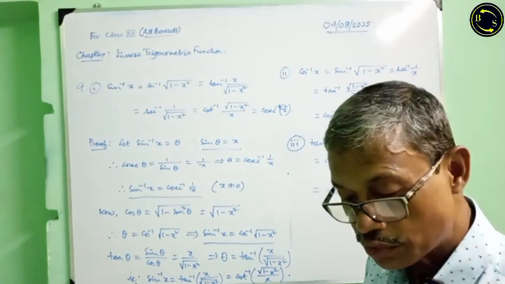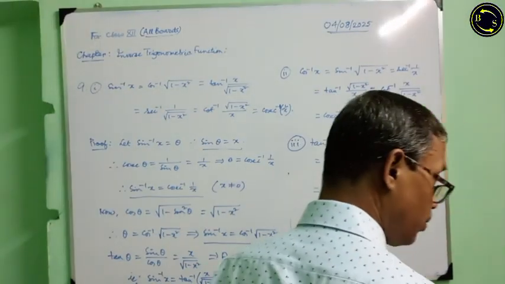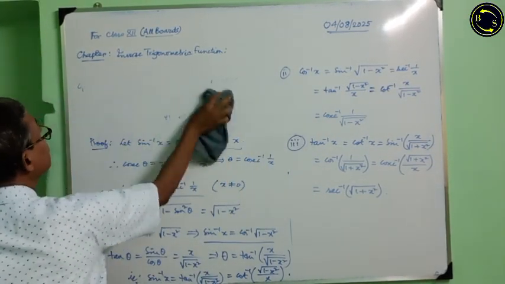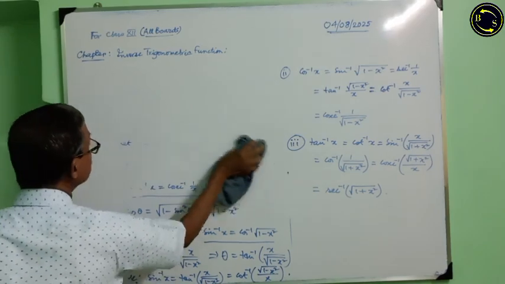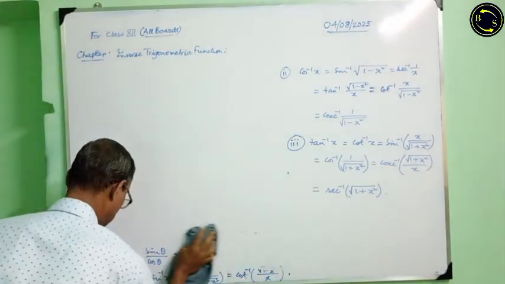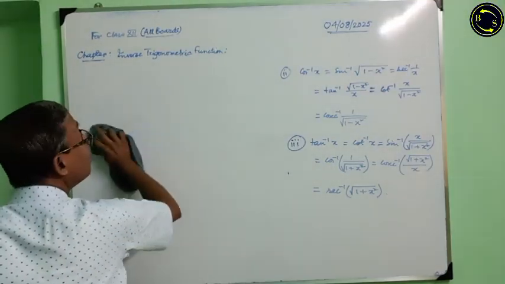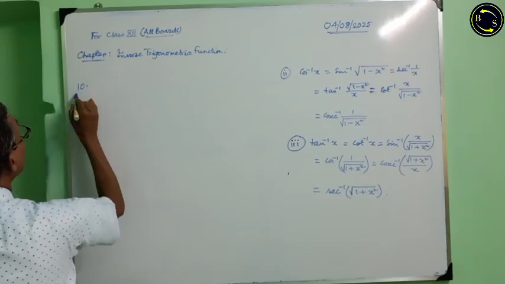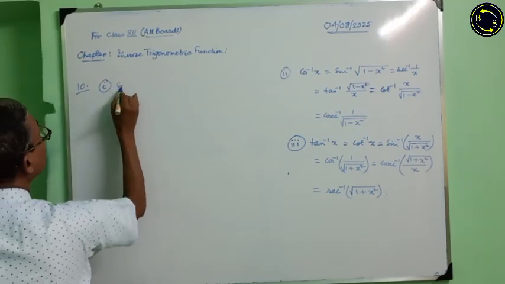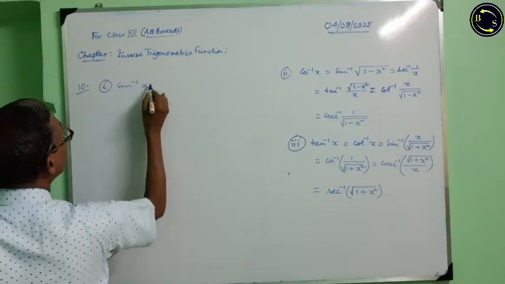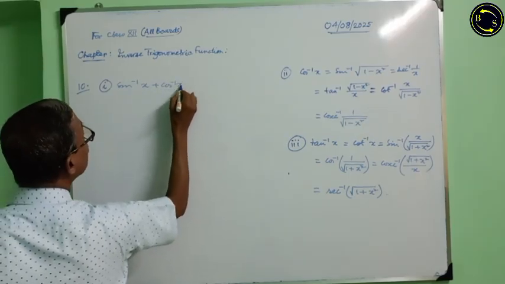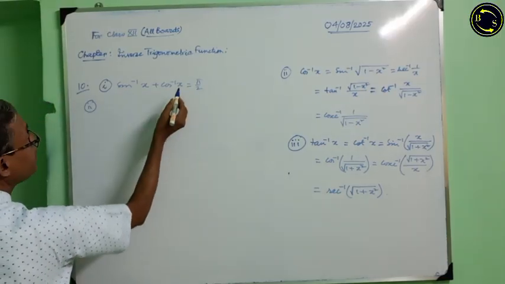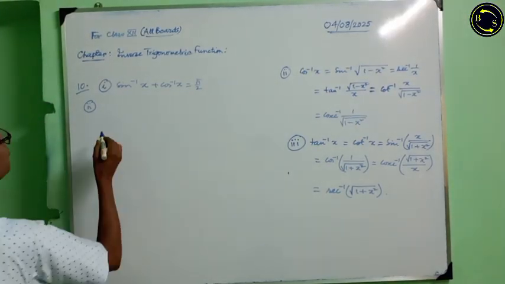Next I shall move to the next set, number 10 set. Sin inverse x plus cos inverse x equal to pi by 2.